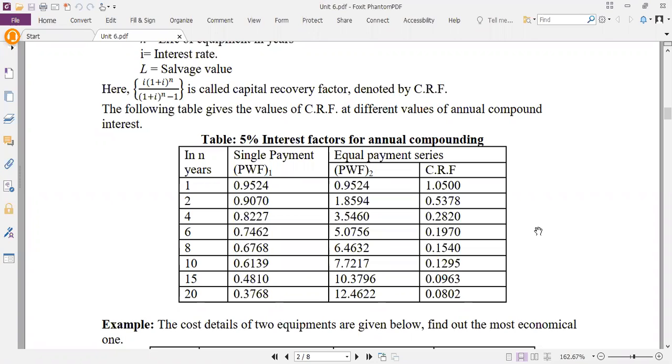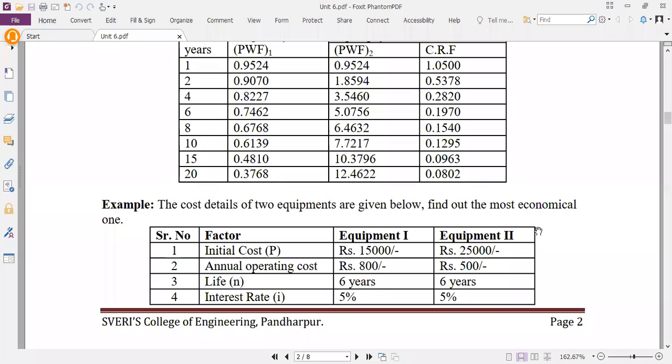To understand this table, let's take one example. The cost details of two equipments are given below. Find out the most economical one. The company wants to purchase these two equipments, equipment 1 and equipment 2, and the comparative details are shown in the table.